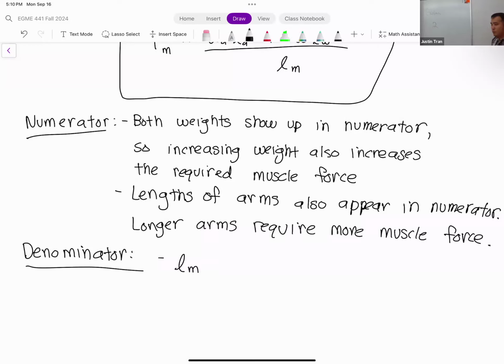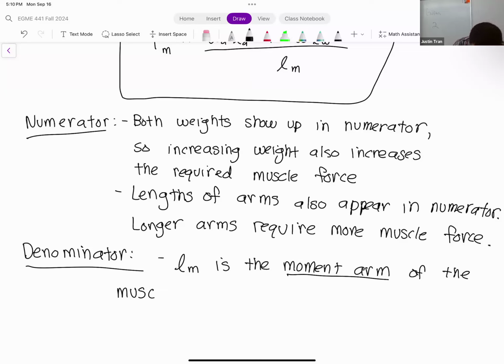Lm is what we call the moment arm of the muscle. And the moment arm of the muscle is basically the perpendicular distance between where the muscle attaches and the joint that it acts upon.